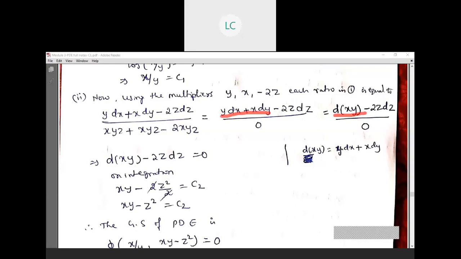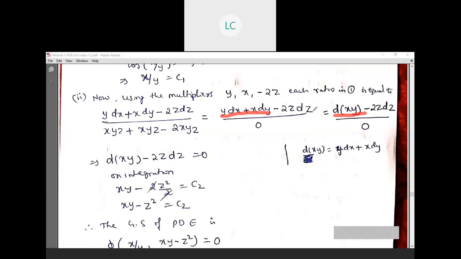This is complete differentiation. So we can write this as d of x y minus 2z dz.